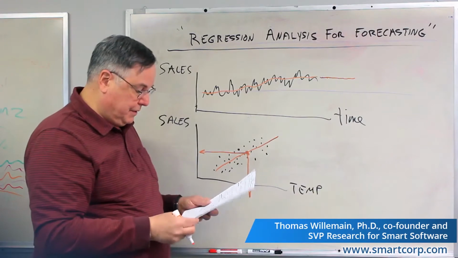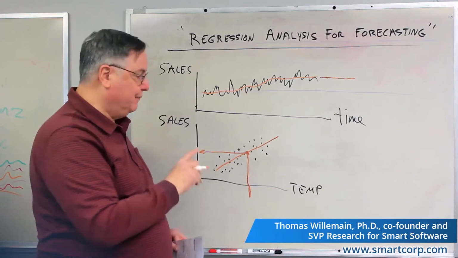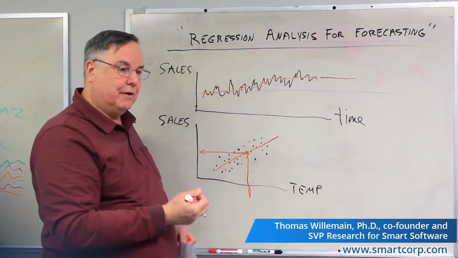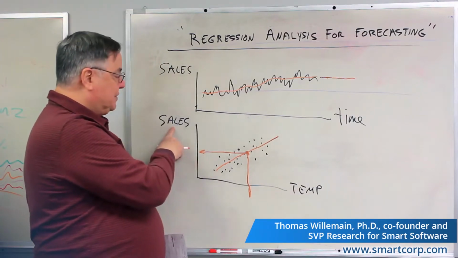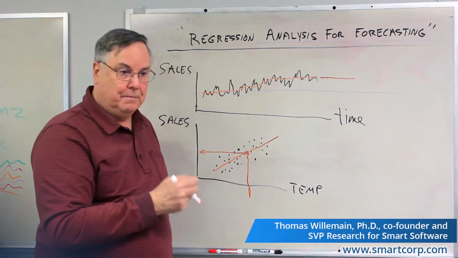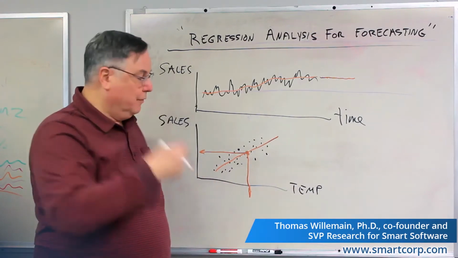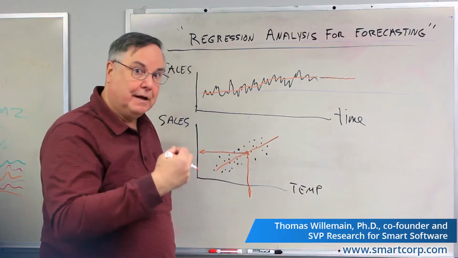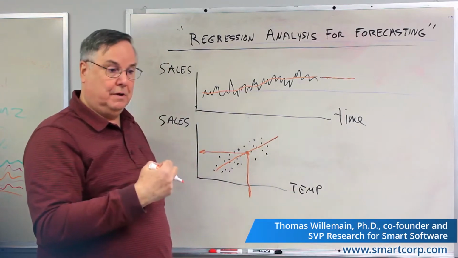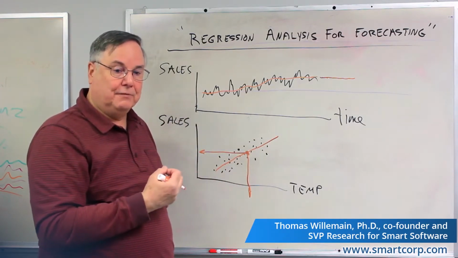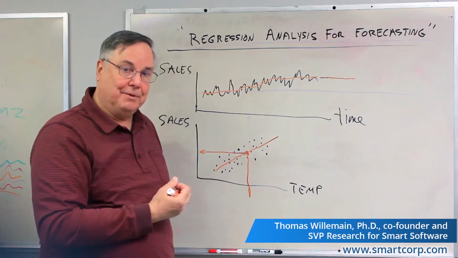And then there's a third, which is a variant of that, where this variable, the one we're predicting from, is not the same as this one, but it is a leading indicator, meaning that the values of this other variable in the past, not forecasted but already known, can be used to forecast sales. So that too is a way of avoiding the double forecasting problem.